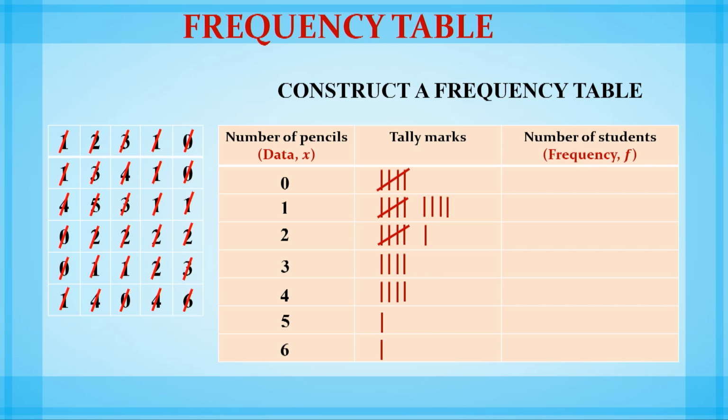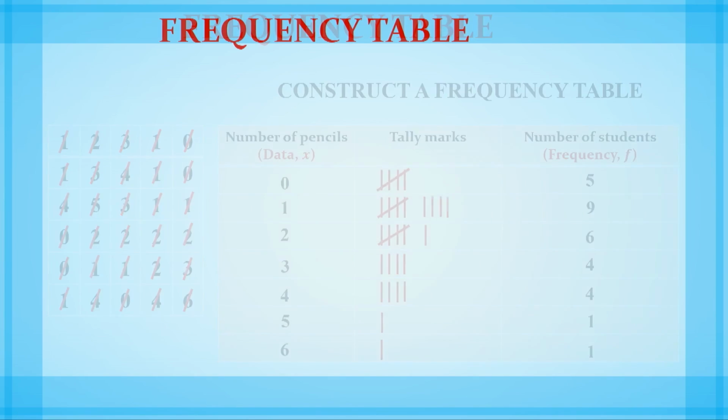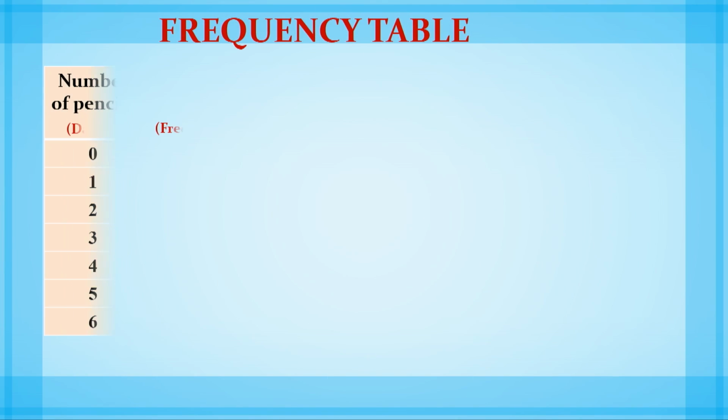Friends, after all the values have been tallied, count the number of tally marks for each data and write it in the third column as shown in the table. Finally, we obtain a frequency table.